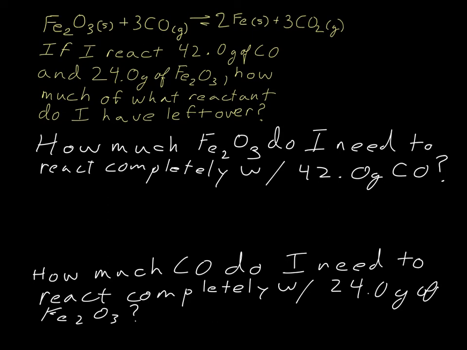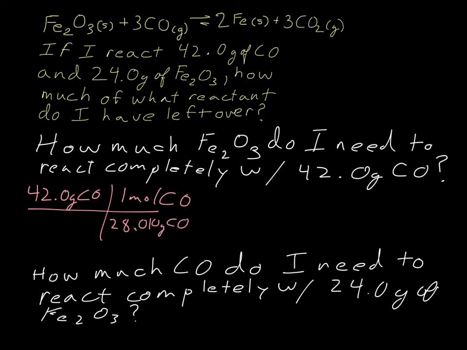For my first one, I start off with 42 grams of carbon monoxide. I know that 1 mole of carbon monoxide has a mass of 15.9994 plus 12.011, 28.010 grams of carbon monoxide. So I've gotten rid of grams of carbon monoxide, and my next step is getting rid of moles of carbon monoxide.